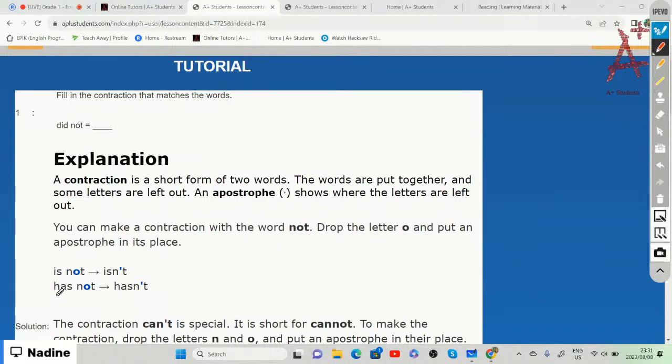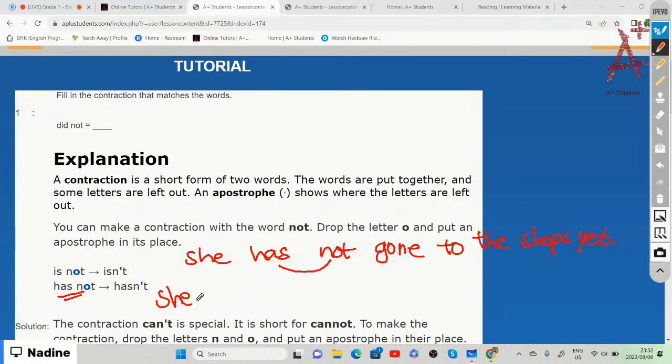All right. The next one we have is has not. It's like saying she has not gone to the shops yet, or to the market yet. So we need to put these two words together, has not, and remember, if we put those two words together, we drop the O. And then our sentence will sound like this: she hasn't gone to the shops yet.